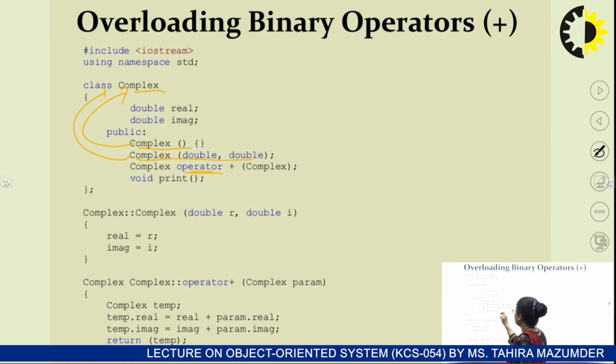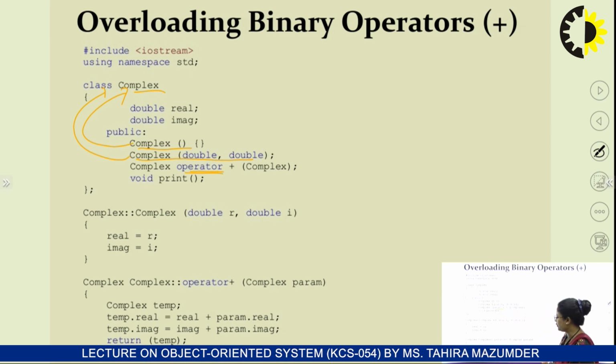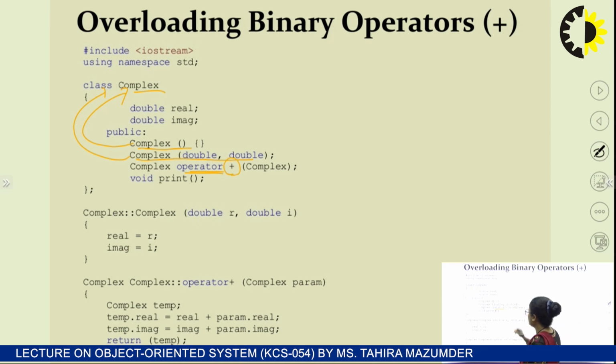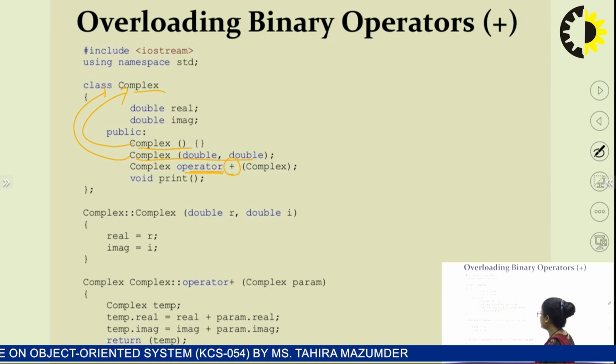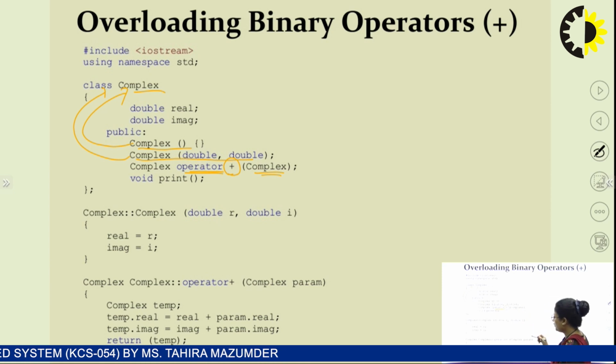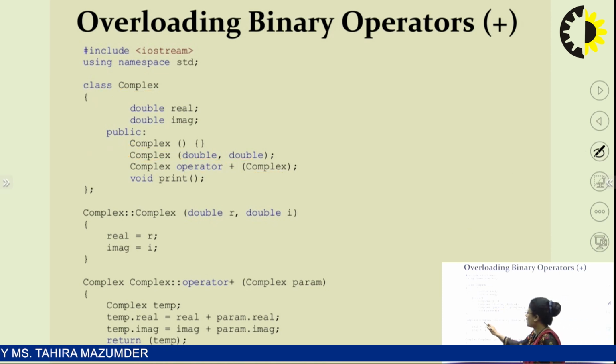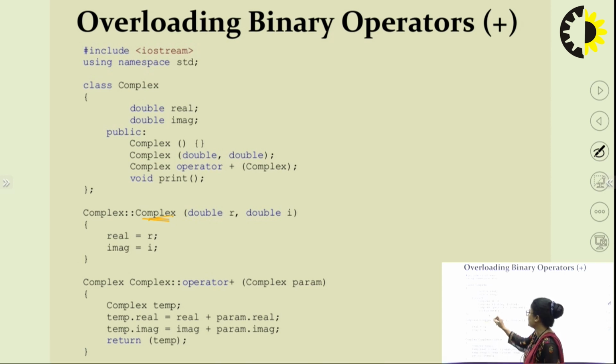Then we have an operator function, meaning we are doing operator overloading. Which operator are we overloading? We are overloading the plus operator, and we are passing an object of type complex. Now, if you look at this example, the first complex is the definition of the constructor.